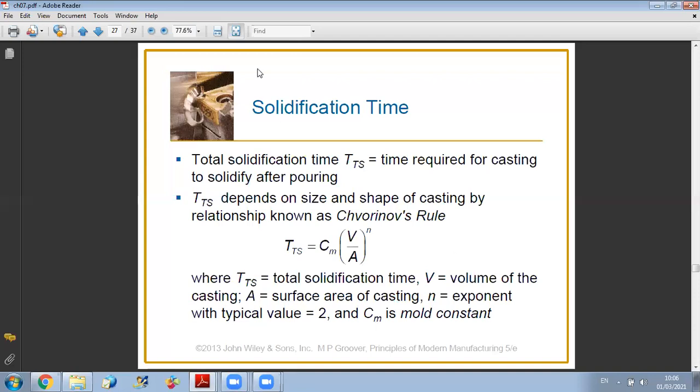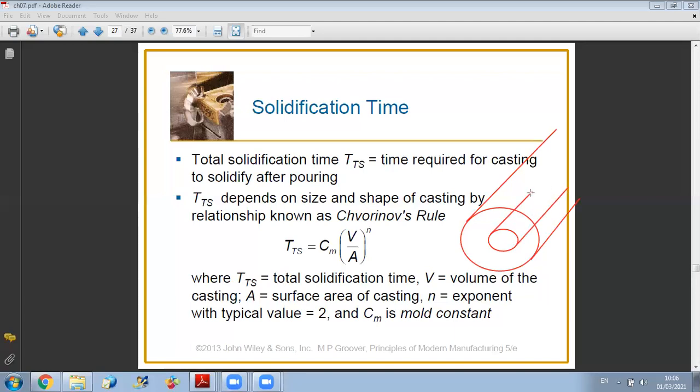So you know that the mold has external and internal surfaces. For example, if I want to cast a cylinder with a certain hole inside, what will be the total contact between the molten metal and the cavity? You will have external surfaces and internal surfaces. So in this case, the total surface of contact will be the external surface plus the internal surface.